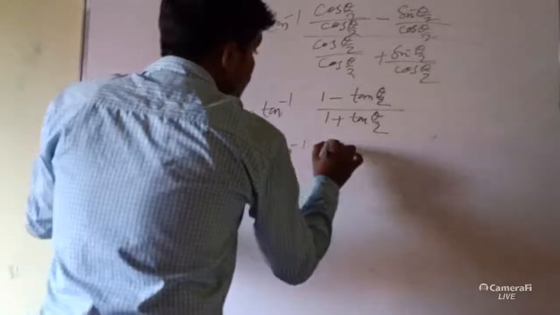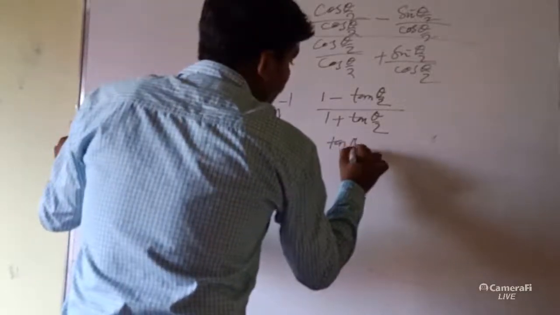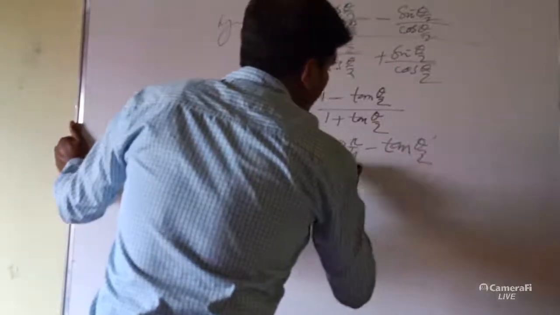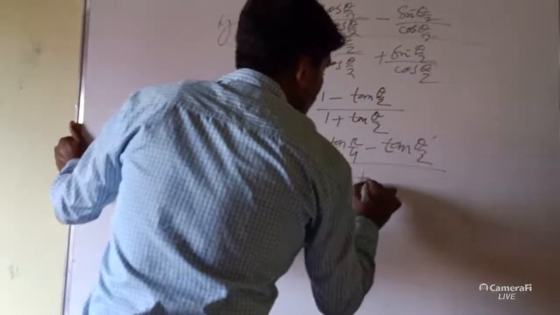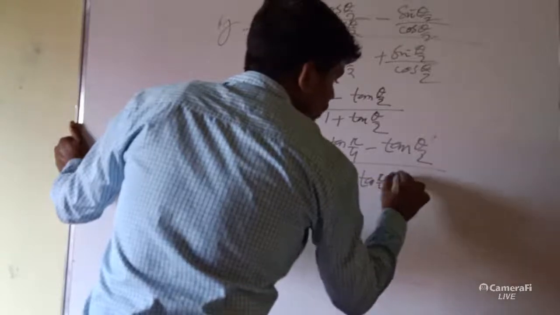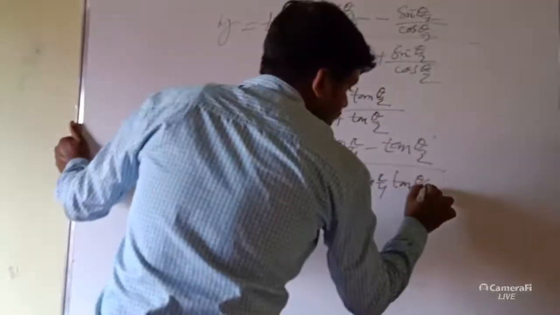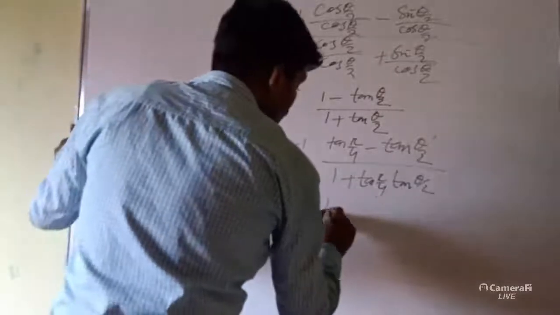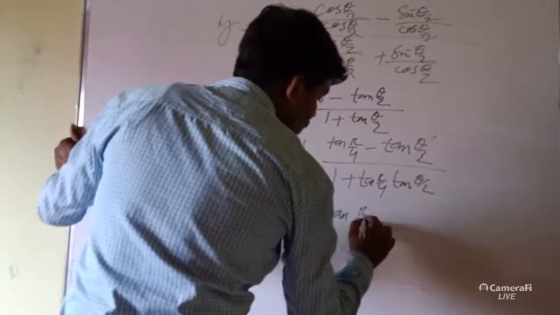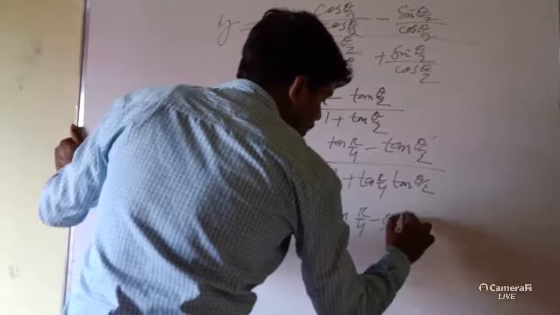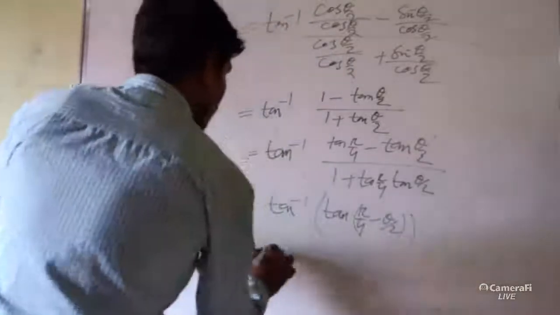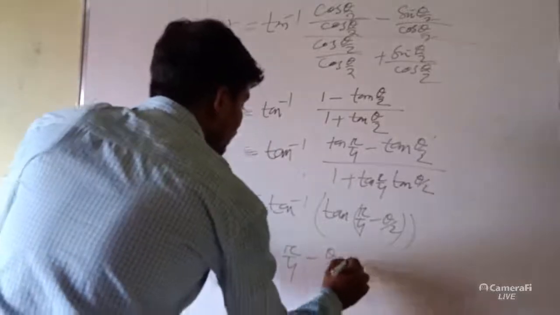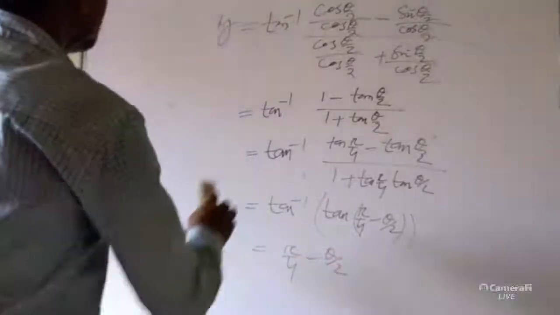Tan inverse of (tan pi by 4 minus tan theta by 2) divided by (1 plus tan pi by 4 tan theta by 2). Then this is tan inverse tan of (pi by 4 minus theta by 2). Now this becomes only pi by 4 minus theta by 2.